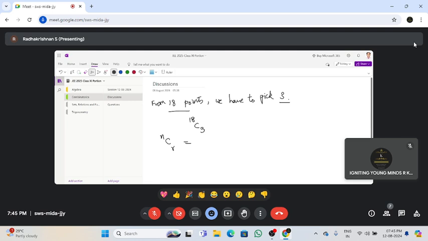So 18C3, the general formula NCR. Does somebody know the formula? No. NCR equals N factorial by (N minus R) factorial into R factorial.